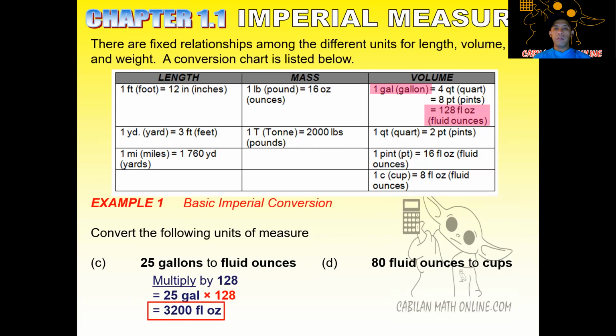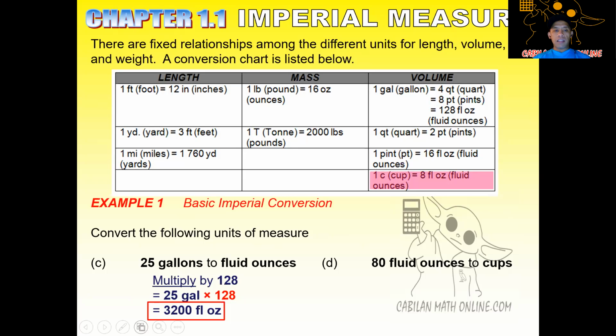For part D over here, notice we're still sticking to volume, but this time we're going from fluid ounces to cups. If you take a look at that same column there, you will see that to go from fluid ounces to cups, we have to use the conversion for when we go from cups to fluid ounces.